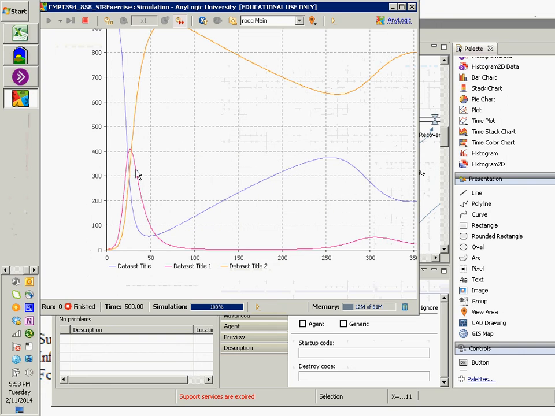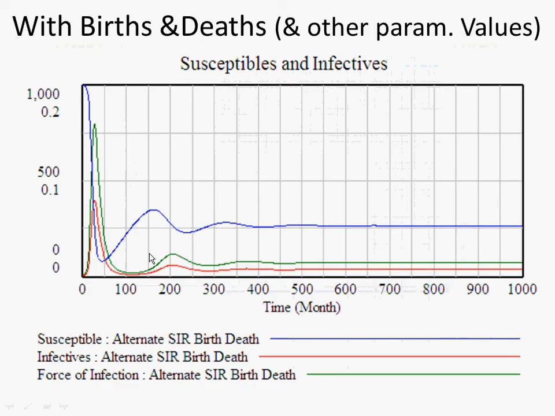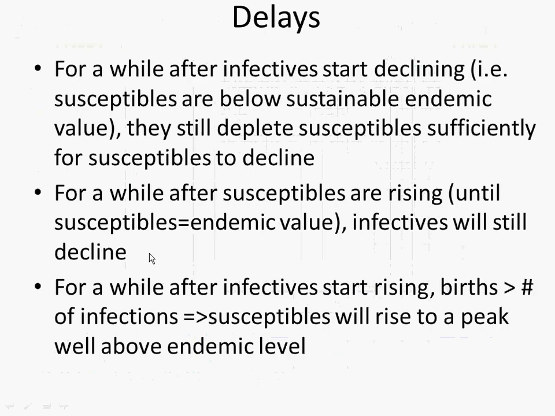The system is in balance at the level where the number of susceptibles is equal to this. That's when it's going to be in balance. But it drags it well below that. And that's going to set the stage for another long delay. For a while, susceptibles are going to be rising. They're going to be rising up to that value where it's sustainable for the infection to spread.